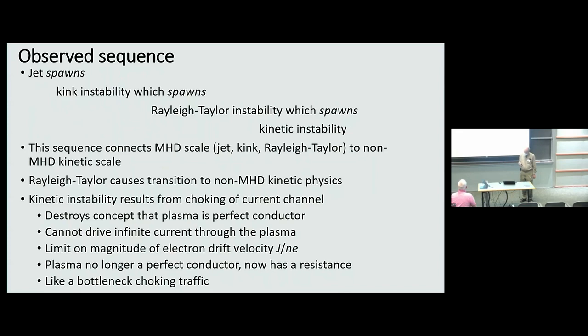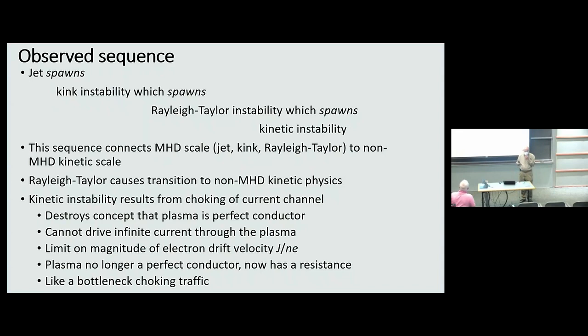And the kinetic instability is associated with the choking of the current channel, and this destroys the concept that the plasma is a perfect conductor, because if this were an electric current and I choked its diameter to a micron with a current going through here, then the current density would become infinite, and at some point things would get unhappy, and that's what's going on in our experiment.